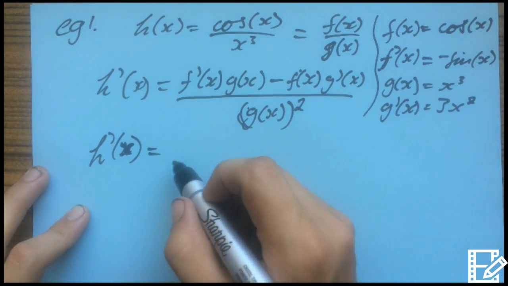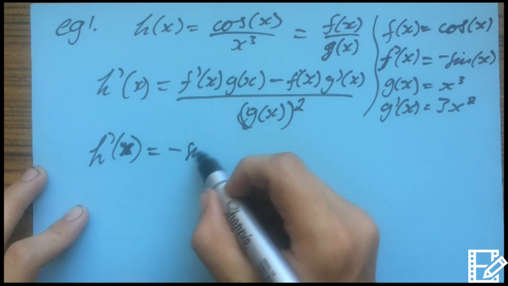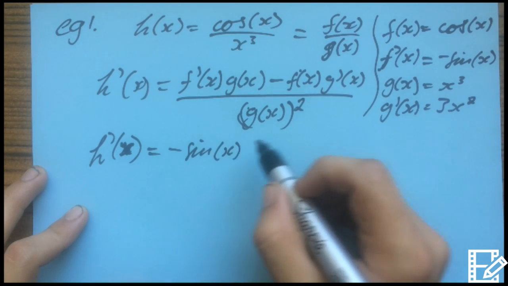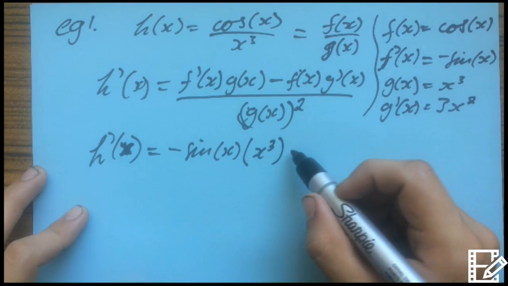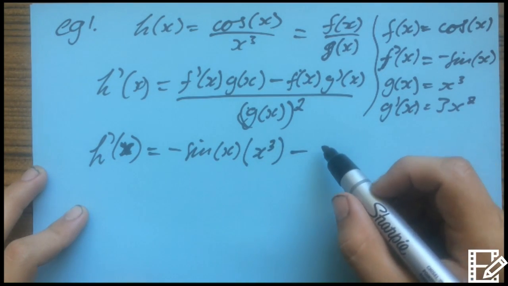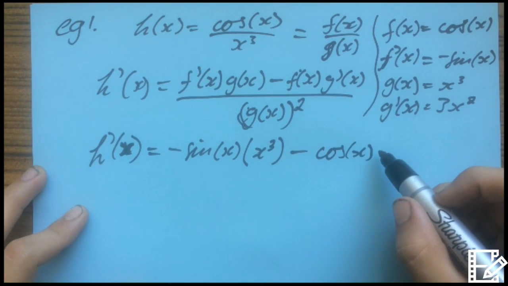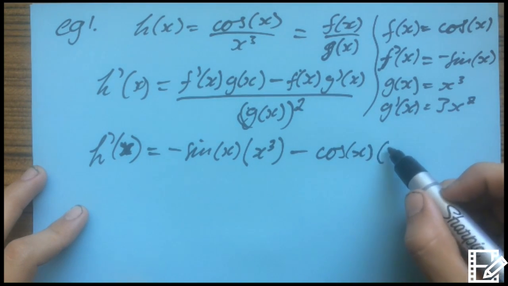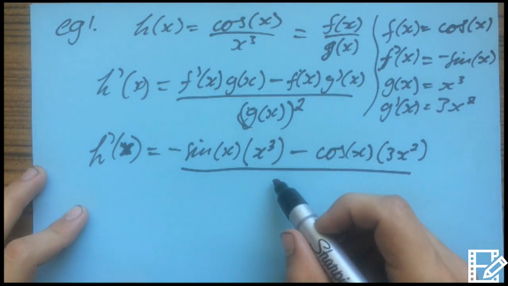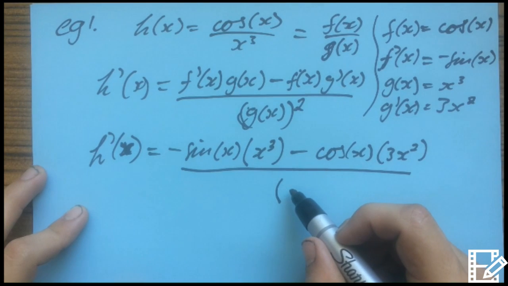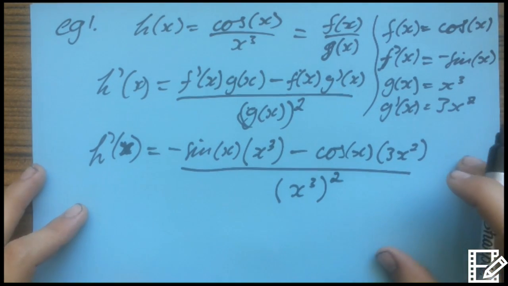what we get is the derivative of the first function, negative sine x, multiplied by g(x), which is x cubed, minus f(x), which is cosine x, multiplied by the first derivative of g(x), which is 3x squared, all over g(x) squared, which is x to the power of 3, squared.